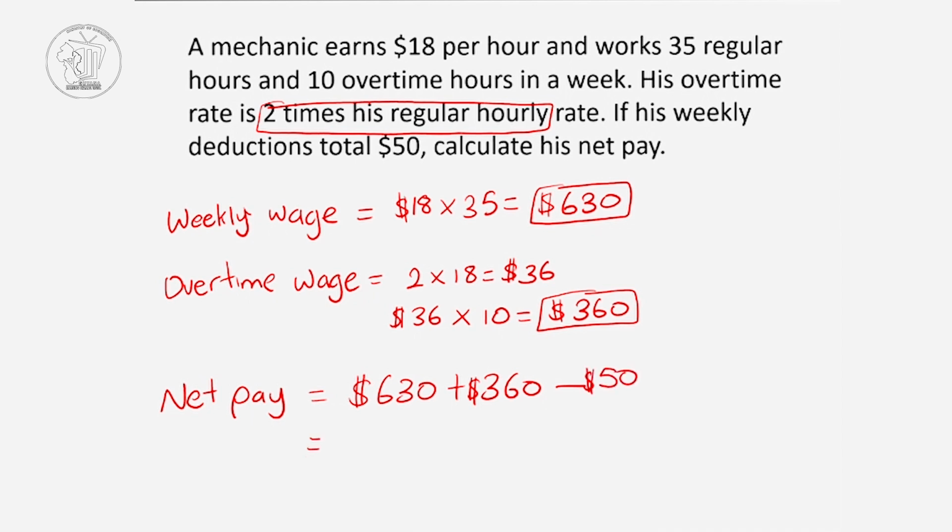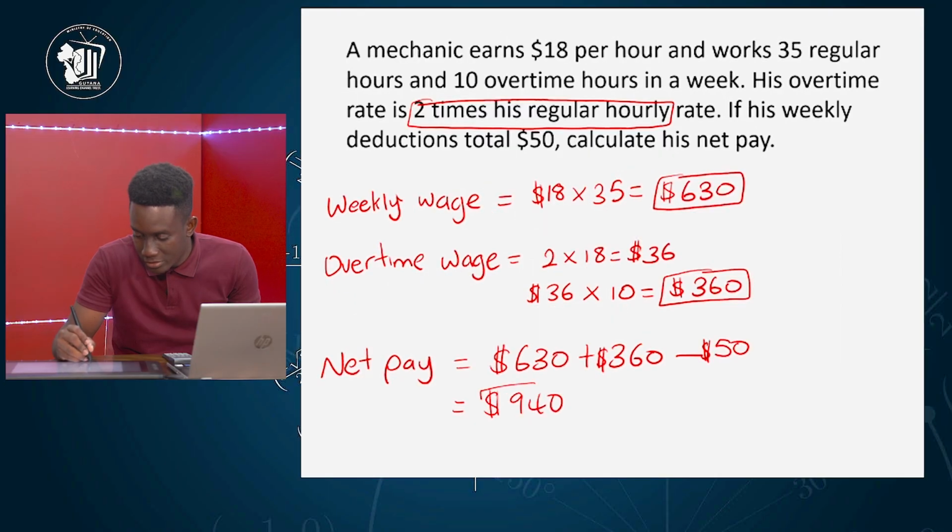When we add up the 630 and the 360, so we add 630 plus 360, we will get 990, and we subtract the 50 from that, we'll end up with $940.